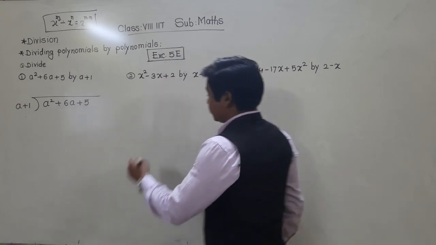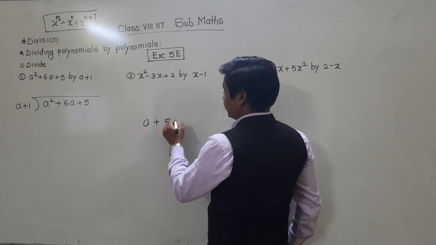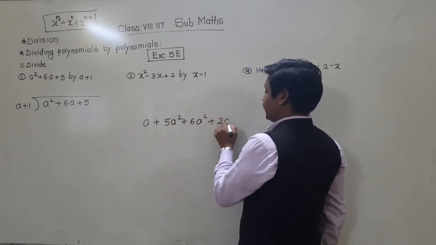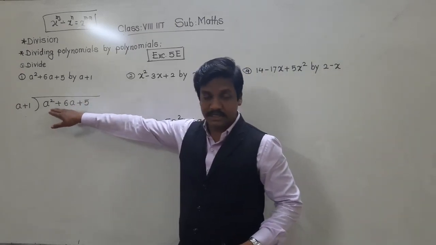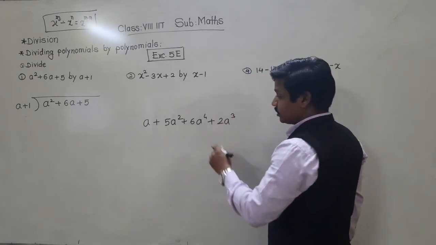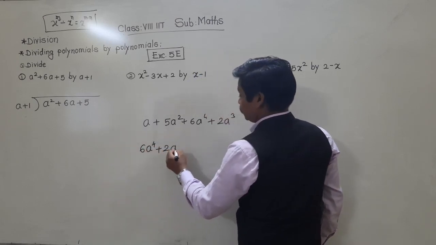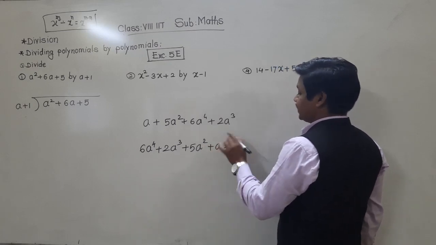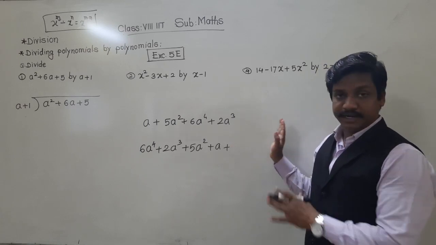If it is given mixed, like 5a square plus 6a raised to 4 plus 2a cube, then while writing this for the division we have to write it in descending order: 6a raised to 4 plus 2a cube plus 5a square plus a, and the constant will be written at the end.